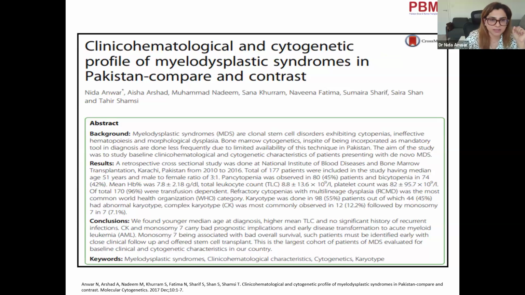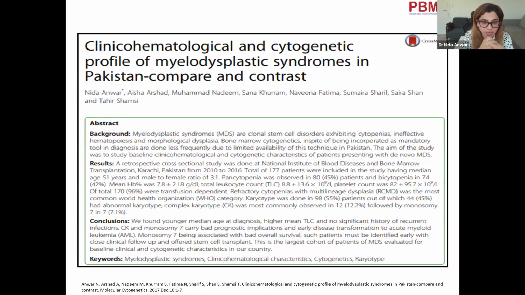This is some of the Pakistani data. There are two studies that I would like to discuss. This study is from NIBD. It was published back in 2017, and in contrast to the West, the observation that we found is that MDS is found at a younger median age as compared to the West.